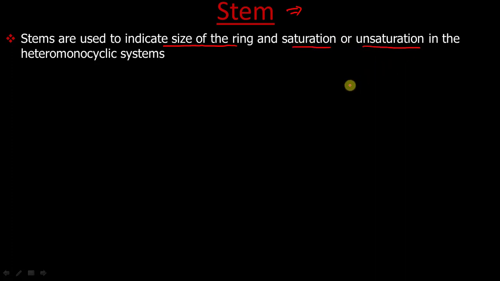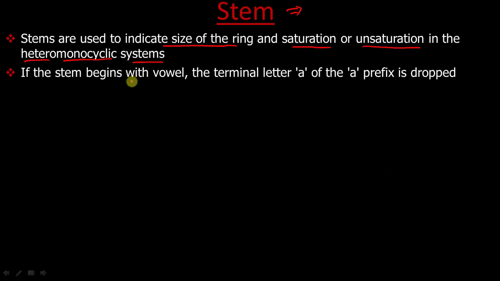Unsaturated means whether it contains a double bond or triple bond or not. The most important condition is monocyclic systems, because this Hantzsch-Widman system is applicable only to monocyclic systems, meaning the system which contains only one ring. So the stem tells us about the size of the ring.